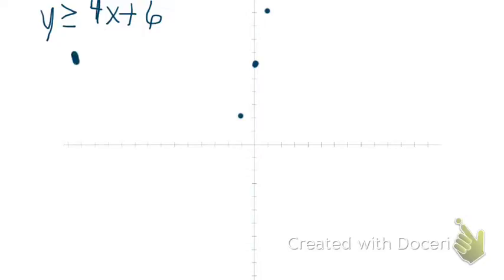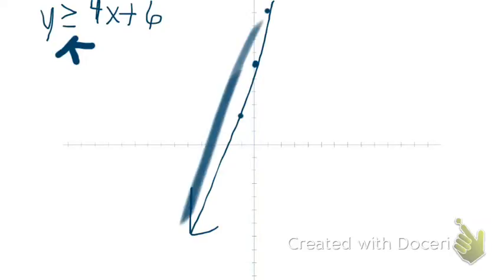The symbol here is equal to, so we know my line is solid. Now to shade it, y is greater than, so we're shading this side of it.